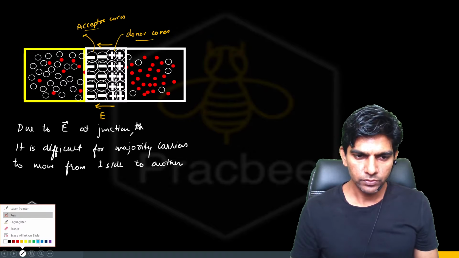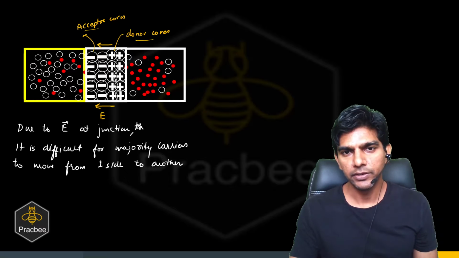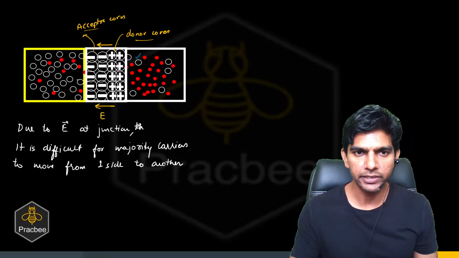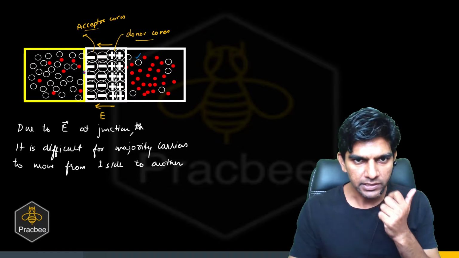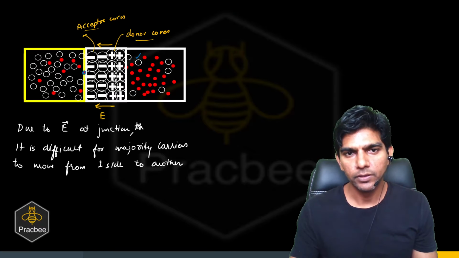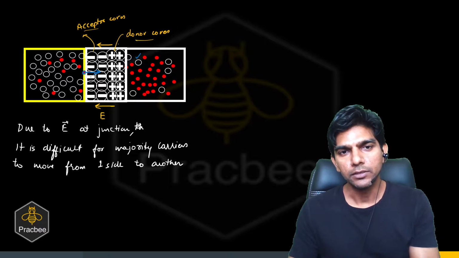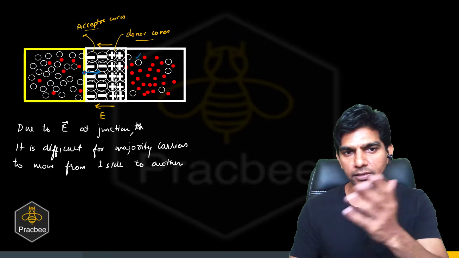But what happens to the minority carrier? If we consider a minority carrier, let us say this minority carrier, right? On the N side we have holes as minority carrier, on the P side we have electrons as minority carrier. So if I consider this electron, which is quite close to this region where we have the electric field, what happens? This electron will experience a force in the right direction and it will be swept away by the electric field and can move from the P to N side.